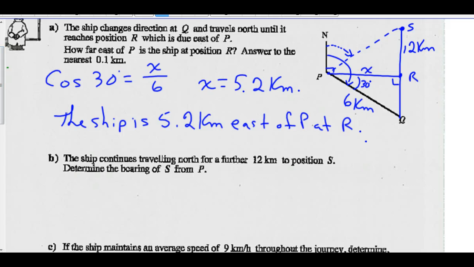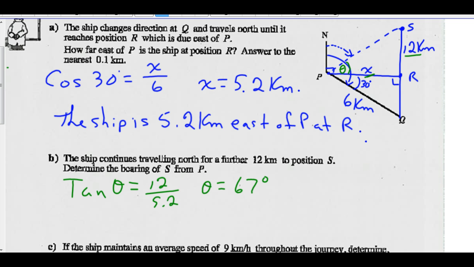Well, to help me figure out that bearing, let's find angle theta, which is inside this triangle right here. So inside that triangle from theta, I know the opposite side is 12. I just found the adjacent side, which is x, 5.2. So I'm going to use my tangent ratio to find angle theta. So tangent of theta would equal 12 over 5.2. I go ahead and solve for angle theta. Angle theta turns out to be 67 degrees.